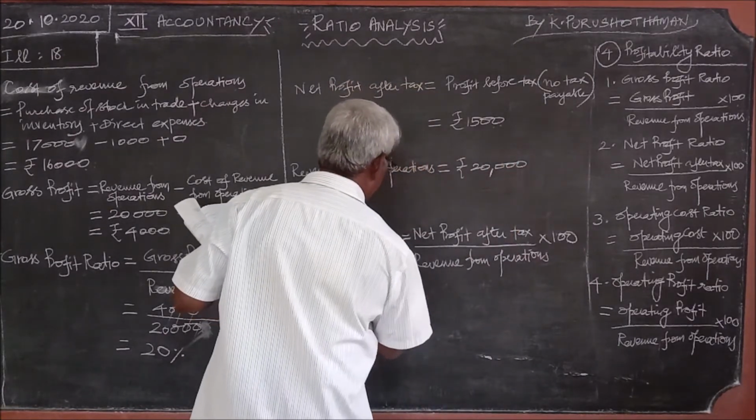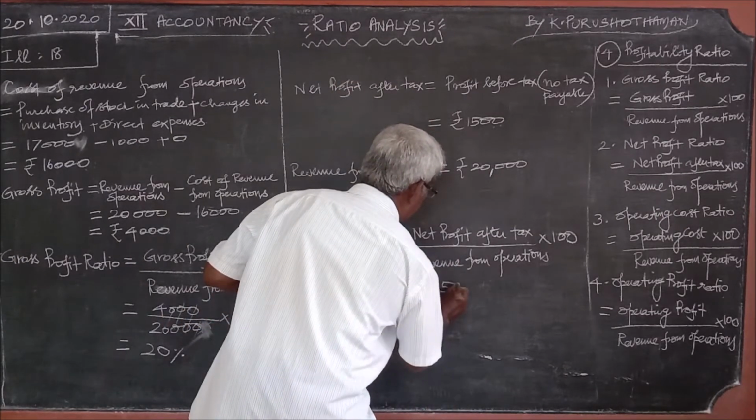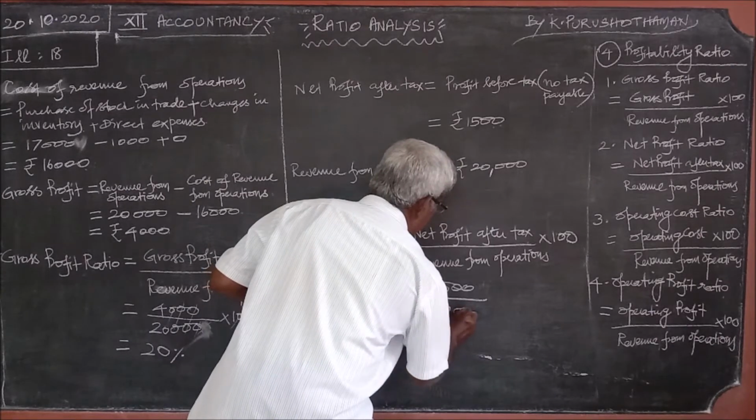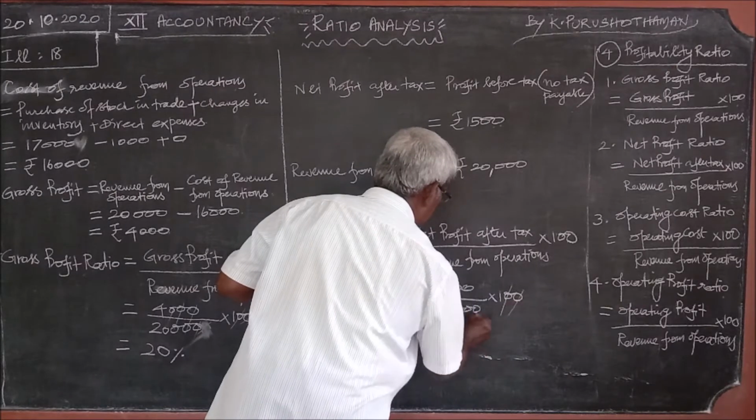Now you can substitute net profit 1,500, revenue from operations 20,000 into 100.